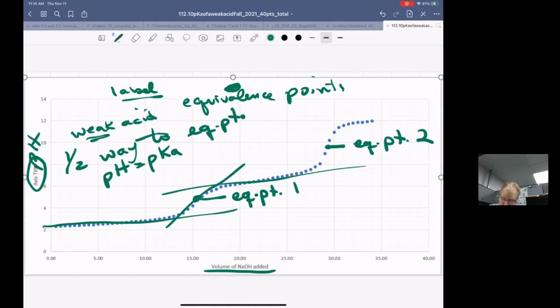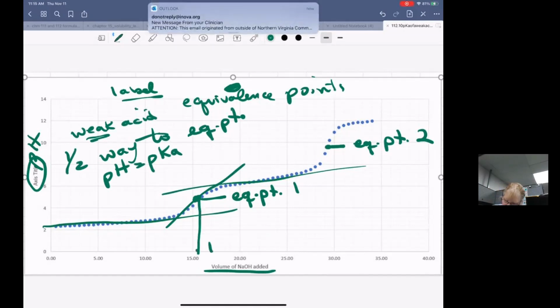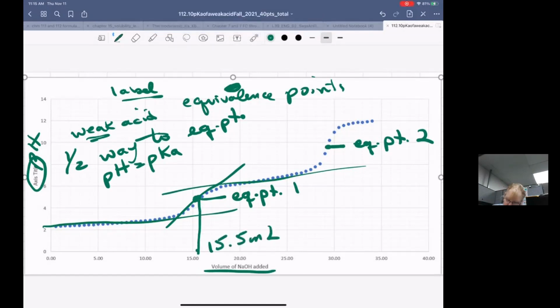If we've got pH equals pKa, we can look at our data here. When I look at this, I get a volume of about 15.5 milliliters. And when I get my 15.5, I can go backwards and get my pH of about 7.25. So right around here, my pH is equal to pKa.